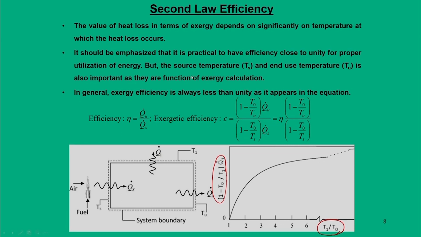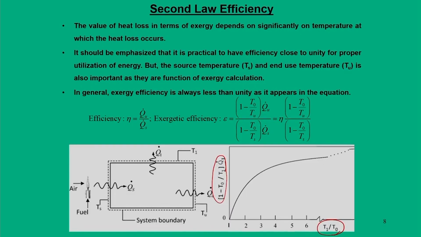Second point to emphasize is that when you find the efficiency value, we can say it is QE by QS, and there is a possibility that all the heat gets utilized, as if we had Carnot efficiency.